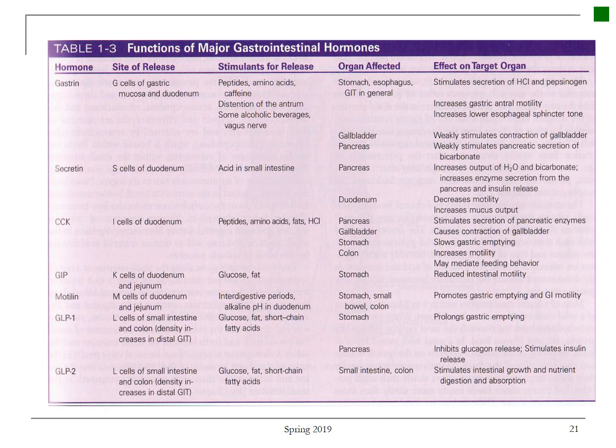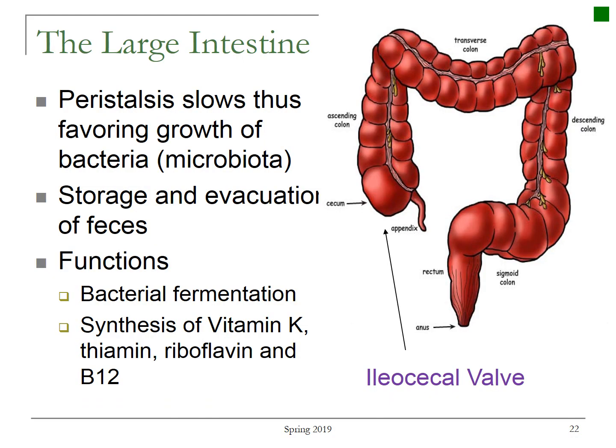Other digestive hormones are included on this table, which can be found on page 7 in your textbook. Materials not absorbed in the small intestine pass through the ileocecal valve into the large intestine.